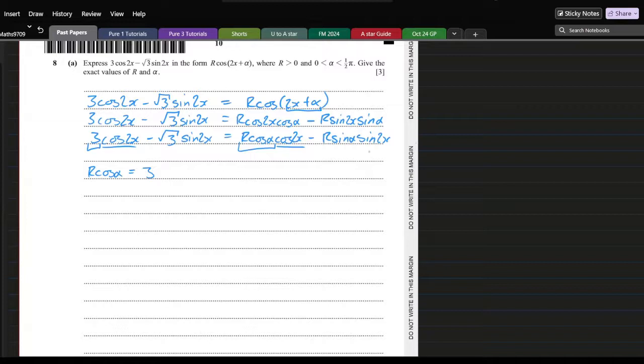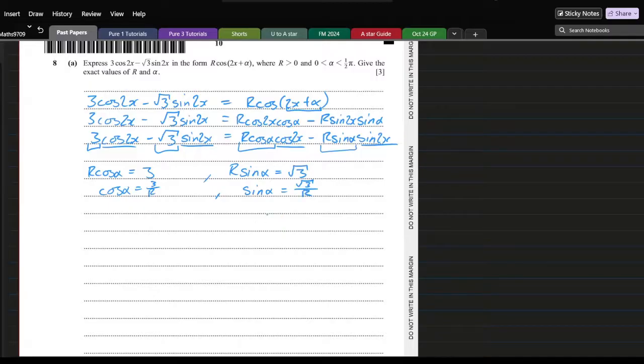And for the sine 2x, we already have it on both sides, so it must mean the root 3 here is equal to r sine alpha, right? So r sine alpha is equal to root 3. So we can say cos alpha is 3 over r, and likewise sine alpha is equal to root 3 over r.